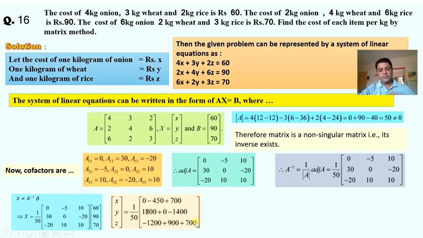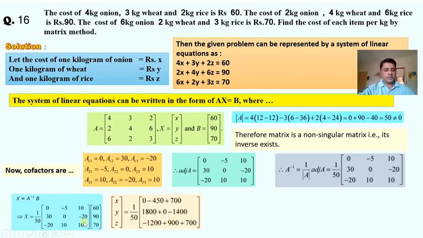So 1 upon 50 will still be outside, and then 0 into 60, minus 5 into 90, minus 450, and 10 into 70, that is 700. Then 30 into 60, 1800, 0 into 90, 0, and then minus 20 into 70, so minus 1400.